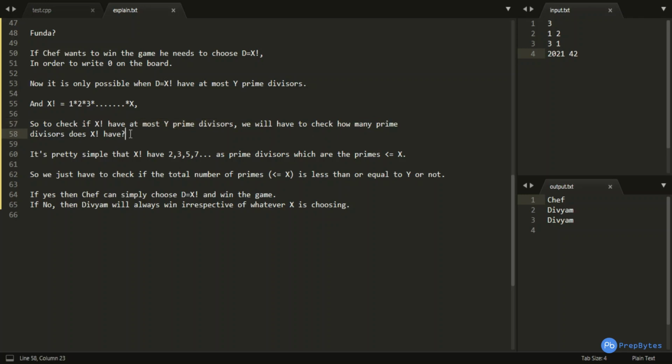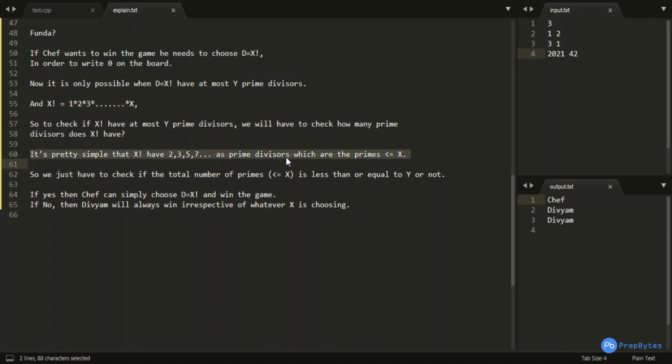So we will have to calculate this. It's pretty simple that x factorial has 2, 3, 5, 7 as prime divisors, because x factorial is divisible by 2, by 3, by 5, 7, and all the primes which are less than or equal to x, right?